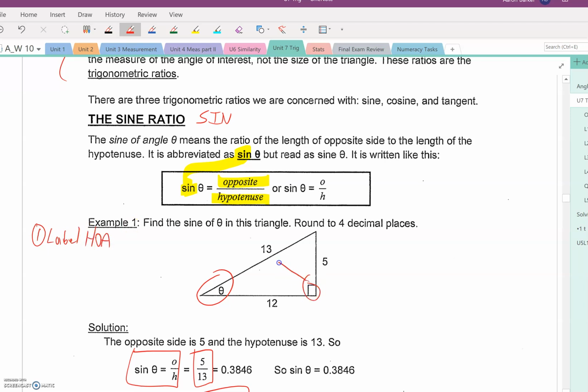So start here, straight line, that's the hypotenuse. Here's your angle of interest, straight line, that would be your opposite. The one that's left over is your adjacent. Then you can write down sine theta equals, and you must have something here. There must always be something here.